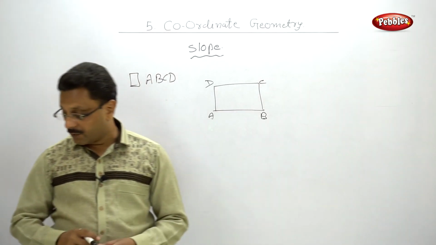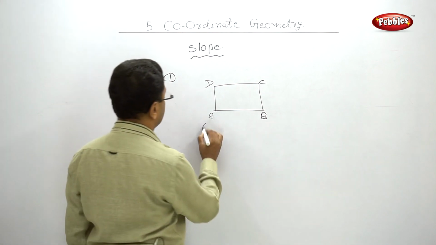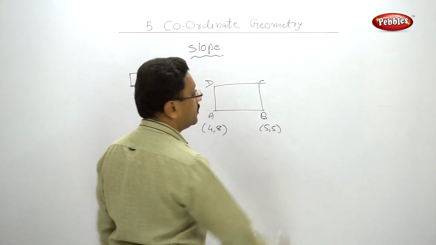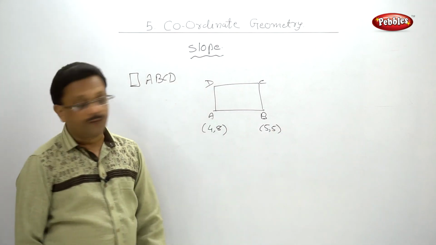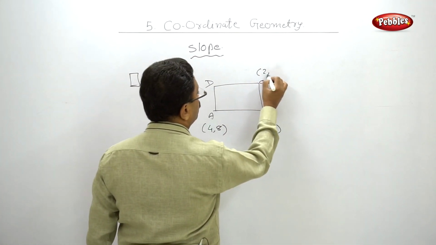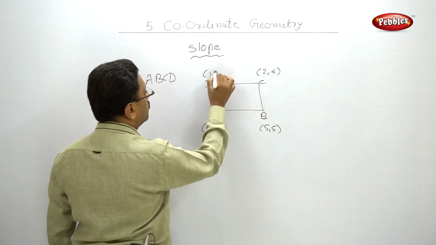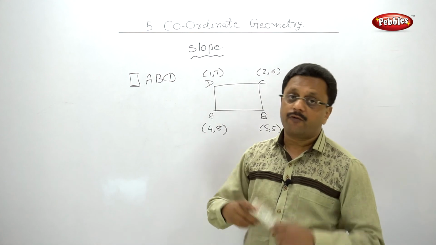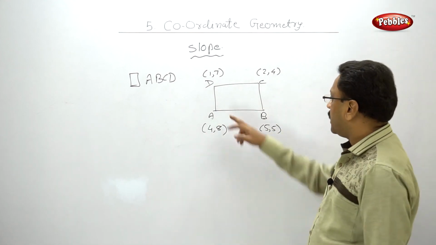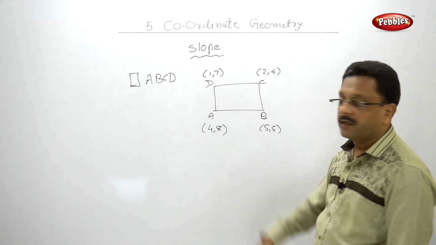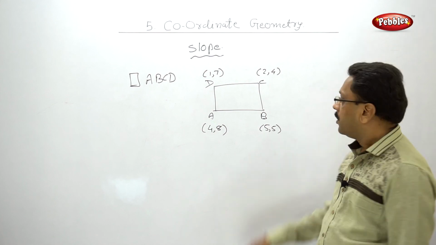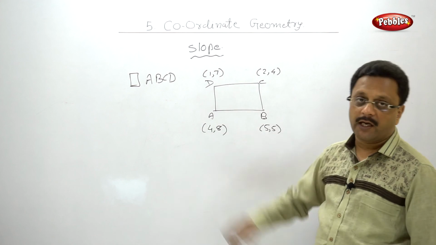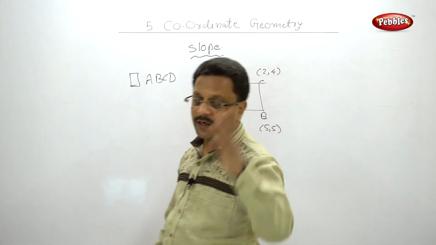A is given (4,8), B is given (5,5), C is given (2,4) and D is (1,7). We will find out the slope of all four lines AB, BC, CD and DA. Okay, just quickly find out the slopes of all these four lines. Please pause your video here and find the slopes.